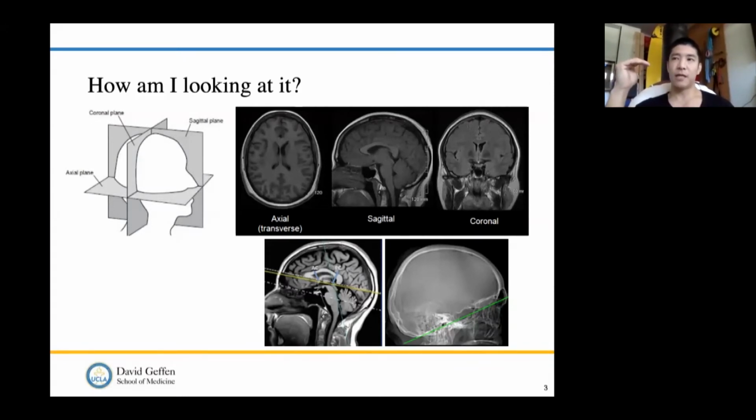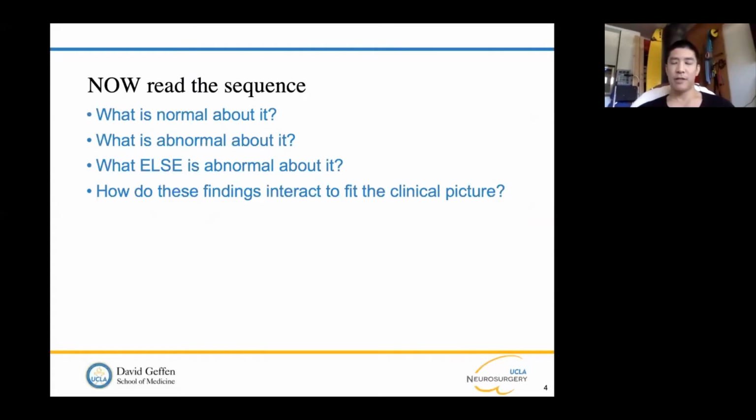The reason is to spare radiation dose to the eye. So people will tell you, and it's absolutely true, it's really hard to compare an axial CT against an axial MRI because they're taken in different slices.